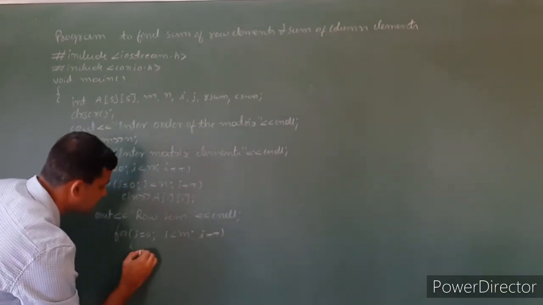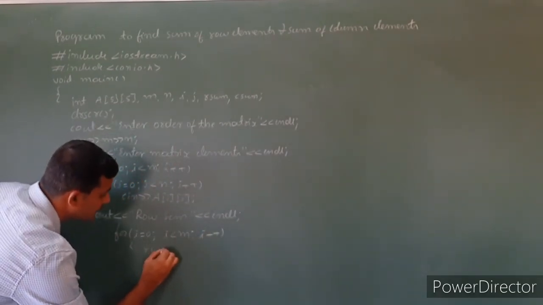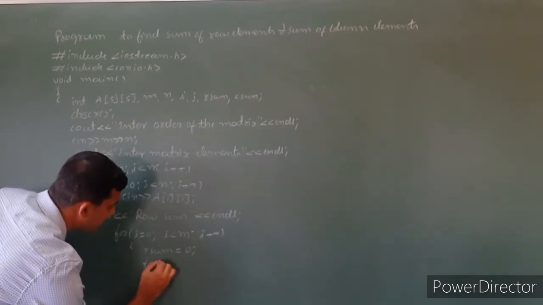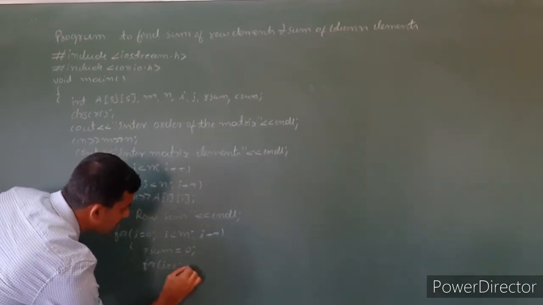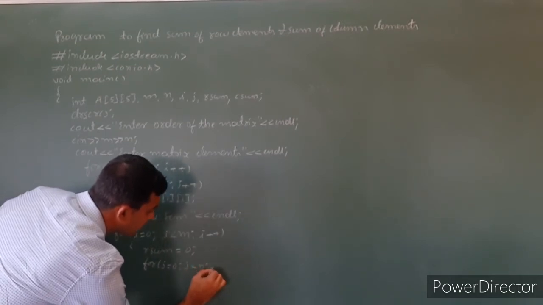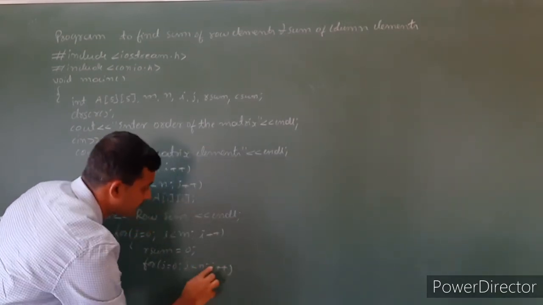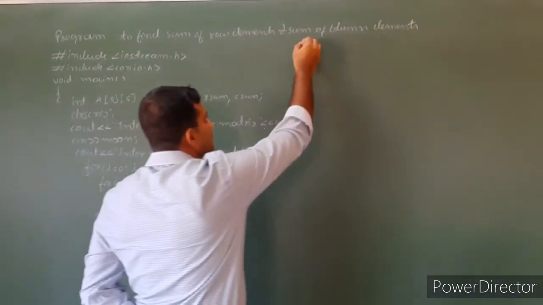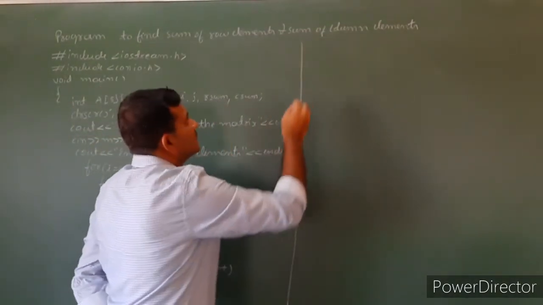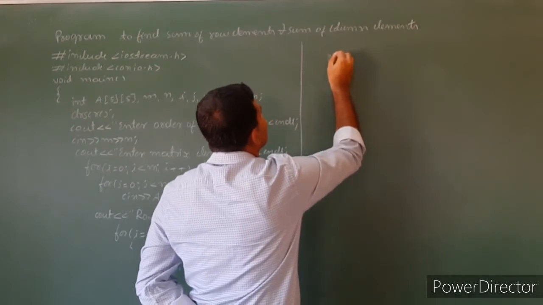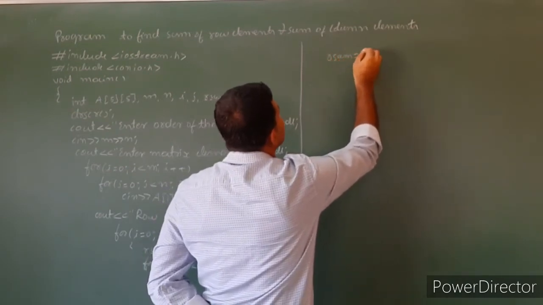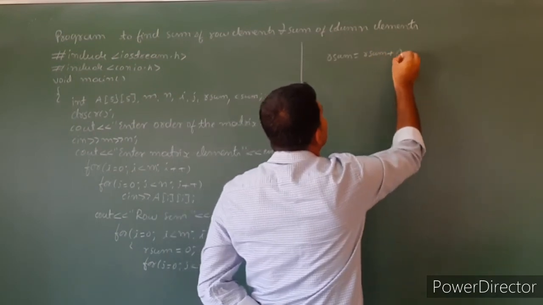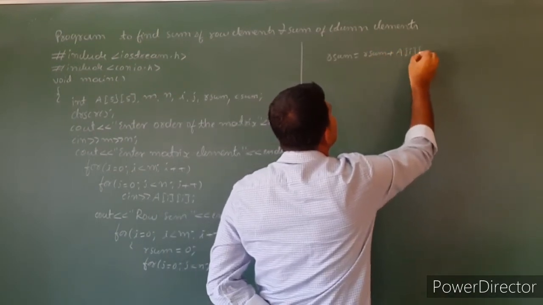After that, initialize rsum equal to 0. Then access the column elements: j equals 0, j less than n, j plus plus, then rsum equals rsum plus a of i j.